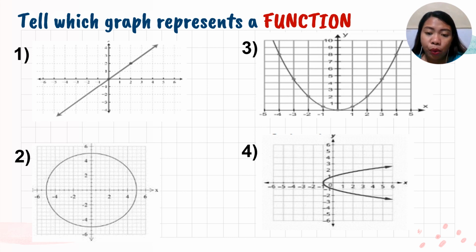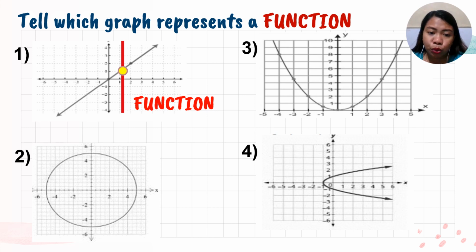We will draw vertically, and if it passes through exactly one point of that relation, meaning to say that is a function. So let's have this one. If we have an intersecting line, that is now a function. So we have an intersection. So this is a function.